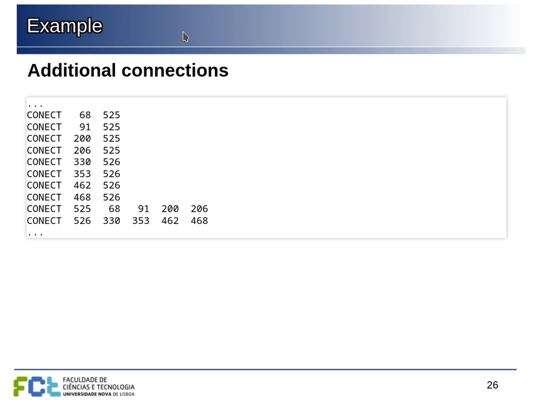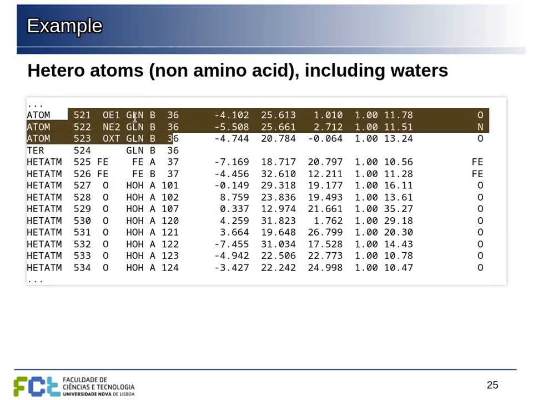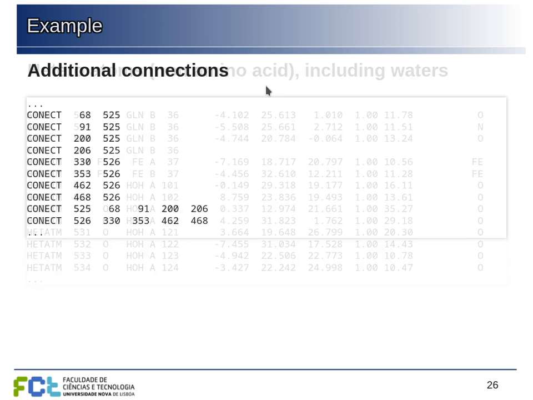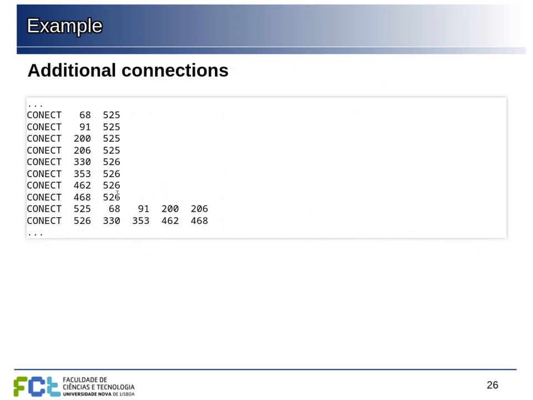Then there are additional connections. The connections between atoms inside the residues are all put automatically by the software that reads this file, because they are always the same. But additional connections, for example, between these irons and cysteines, disulfide bridges in between two cysteines or things like that, these are all added extra here at the end of the PDB file.